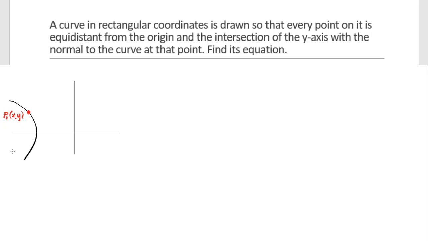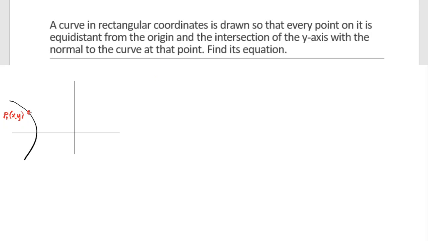Okay. Now it says there that every point on it is equidistant from the origin and the intersection of the y-axis with the normal to the curve at that point. So it's more difficult. So let's do it one by one. Let's understand it one by one. Is equidistant from the origin. So there is a distance between that point to the origin.